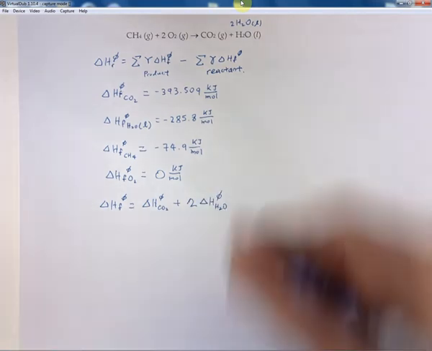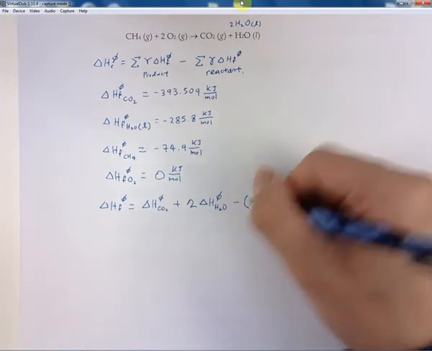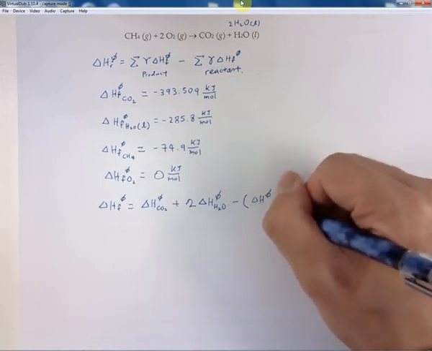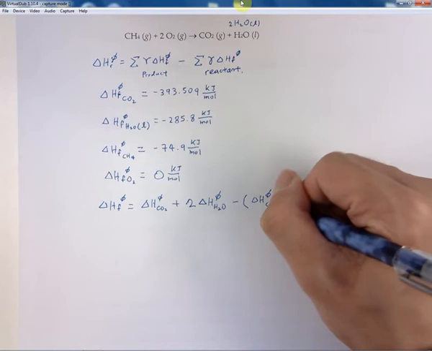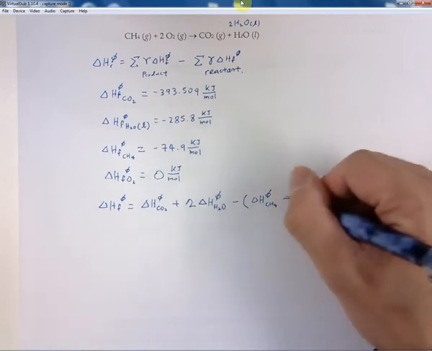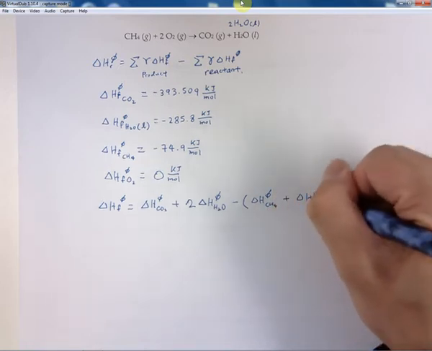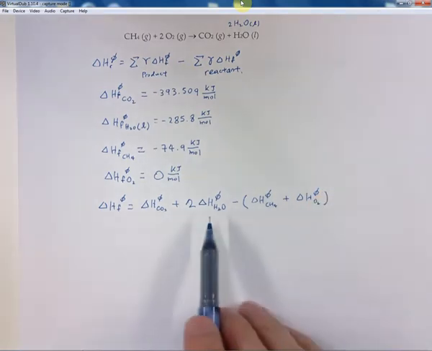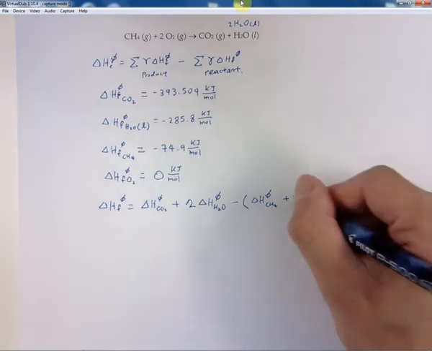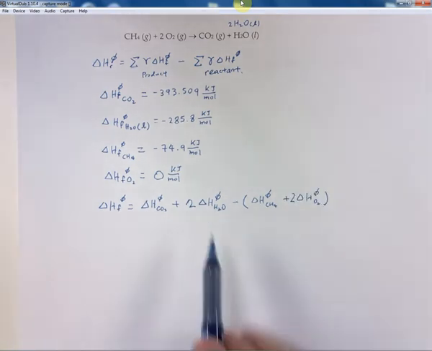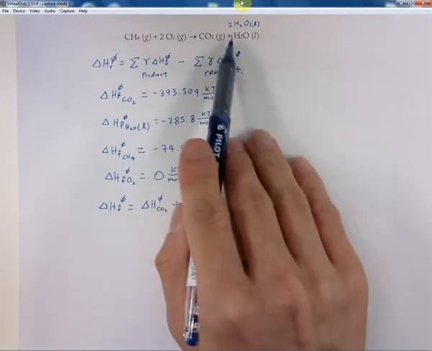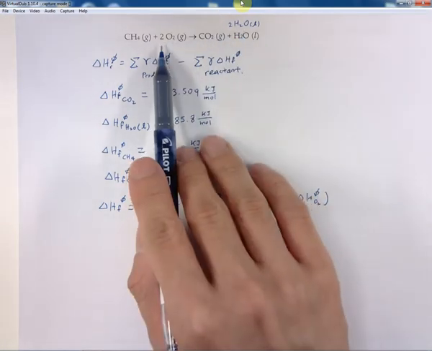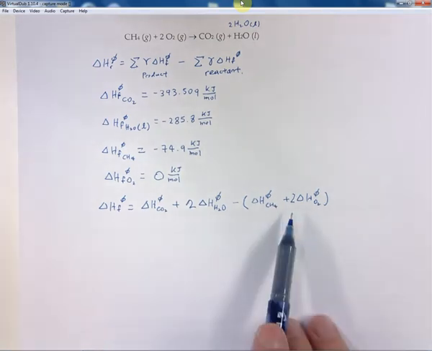Okay, minus the reactant, which is CH4 plus delta H of oxygen. So take note of the coefficient over here. Why we have a 2 and 2 over here is because we need it from the balanced equation. The coefficient is 2, so that's why we need to include it over here.